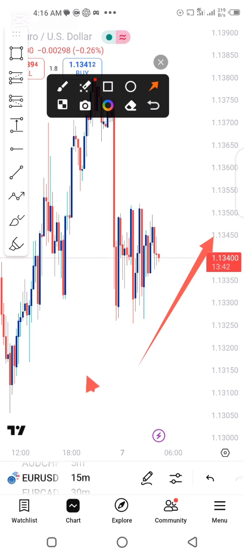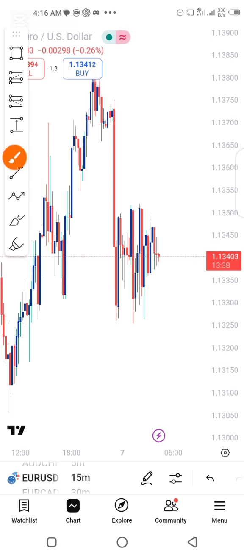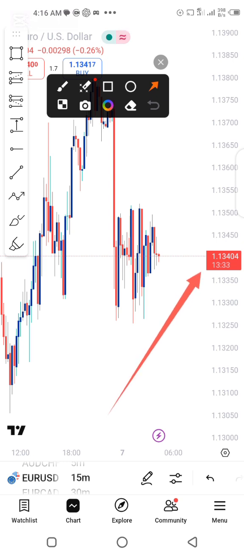Now, currently, if you check out this market, you will see this red stuff here. You see that this market is at 1.13413. Now, this is how to calculate it, right?